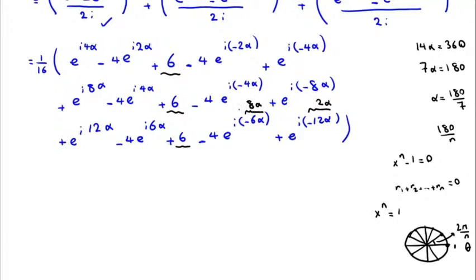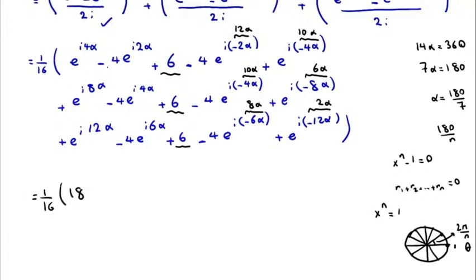Negative 6α equals 8α. Because of 14, negative 4α is 10α. 14α minus this will be 6α. It will be 10α. It will be 12α. So we can write it is 1 over 16. 3 6 will be 18.